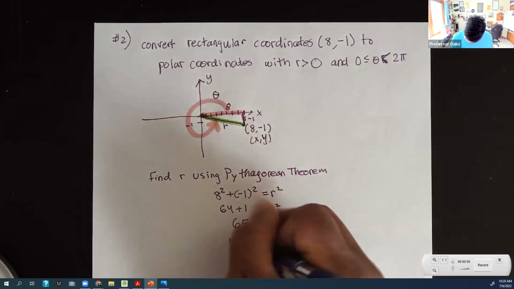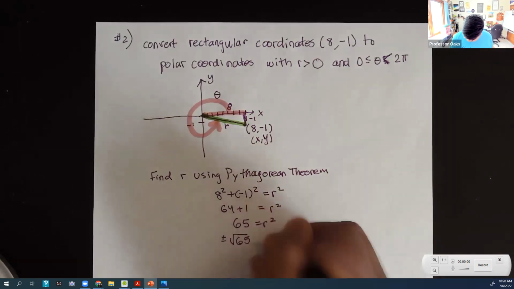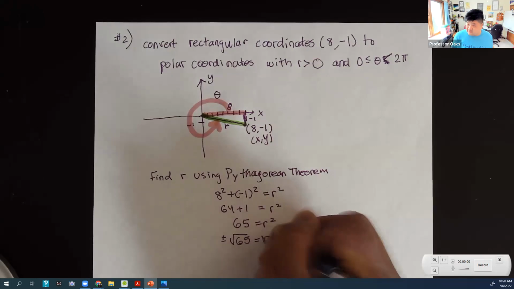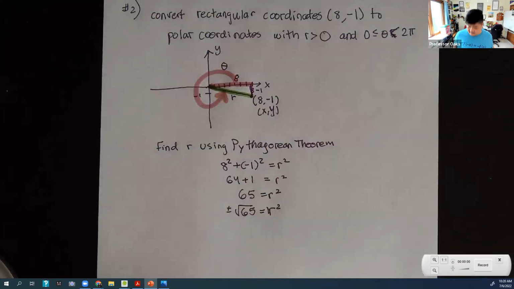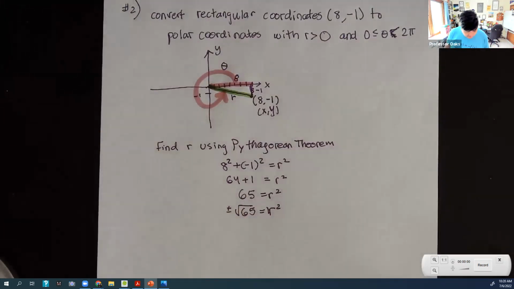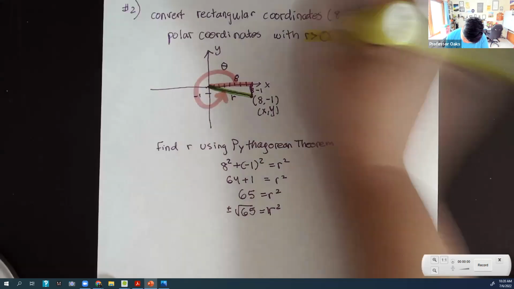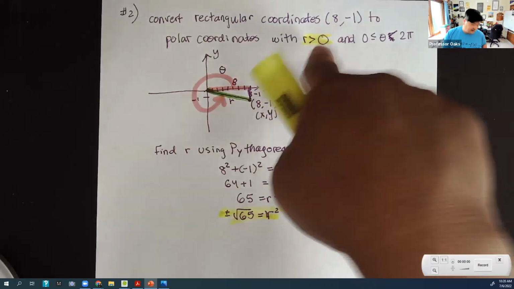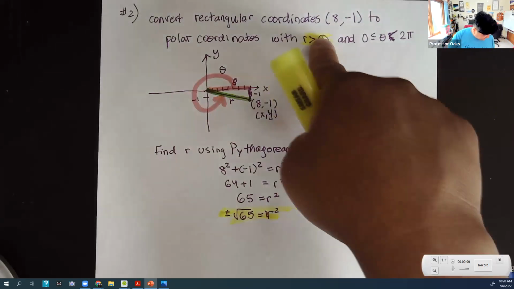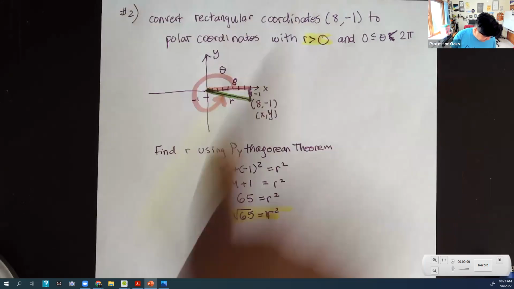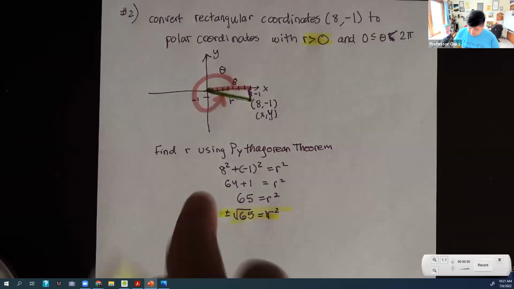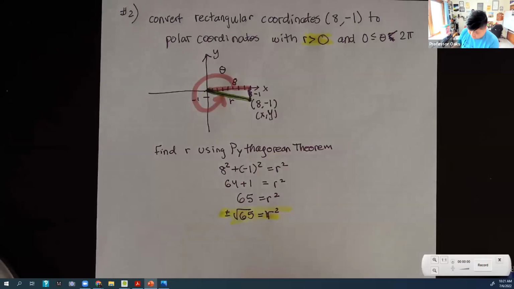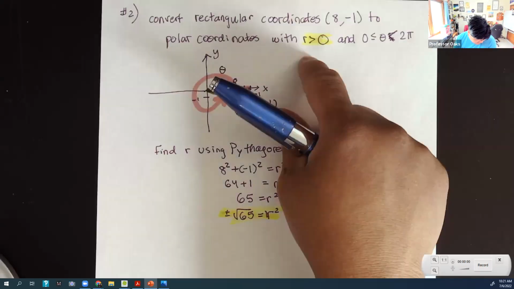And so it's square root of 65, but plus or minus. I do want you to notice it's plus or minus, but you only use the positive one here because it wanted r to be greater than 0. If it says r is less than 0 in the problem, then you need to use the negative one. It is possible for r to be negative, but that's not what it wanted here.